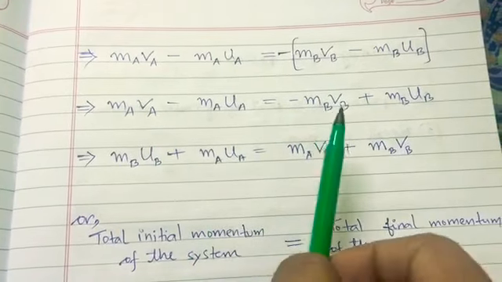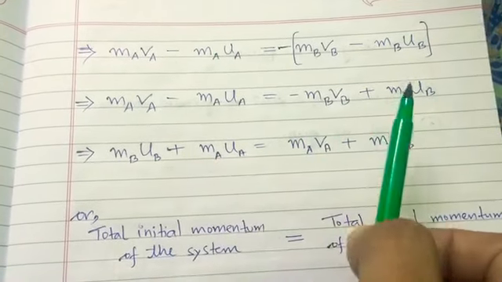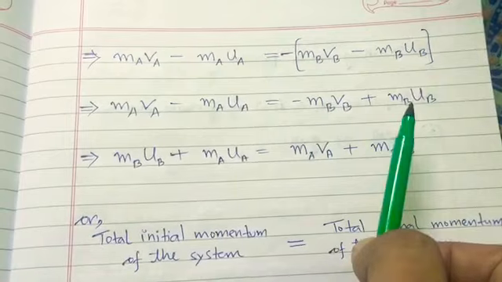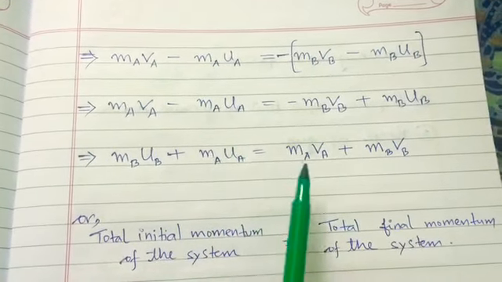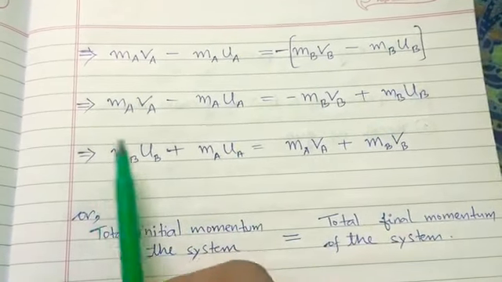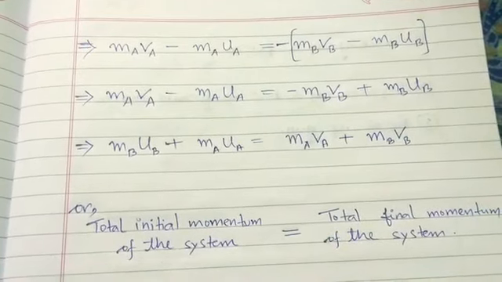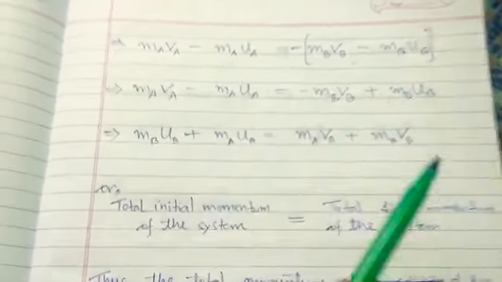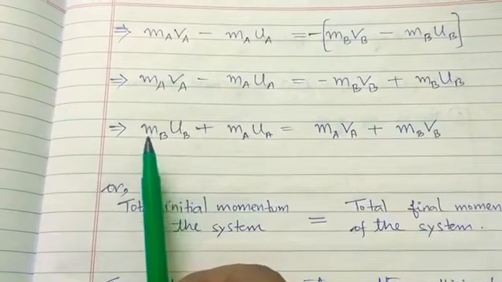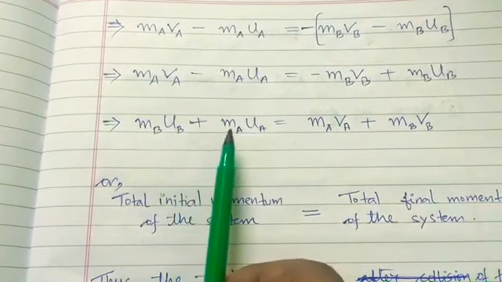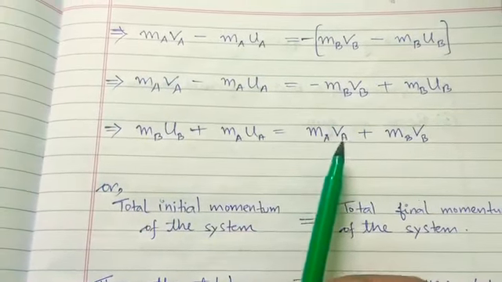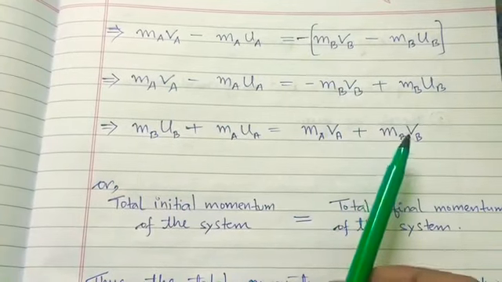U all I have brought in the same way. This UB, you have seen, all VA. You kindly see it how I have brought it. So here আমি চাব পাৰো যে MB UB plus MA UA equal to MA VA plus MB VB.